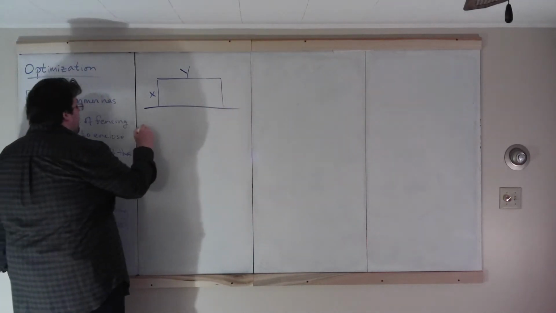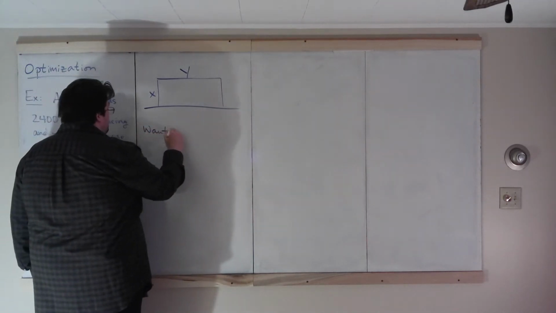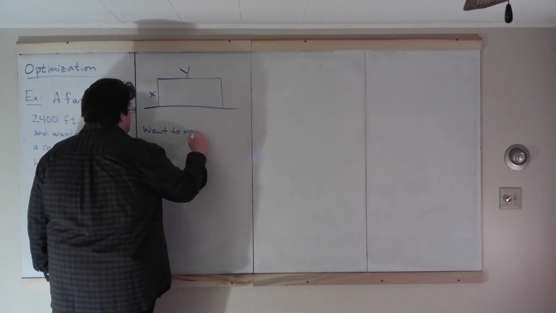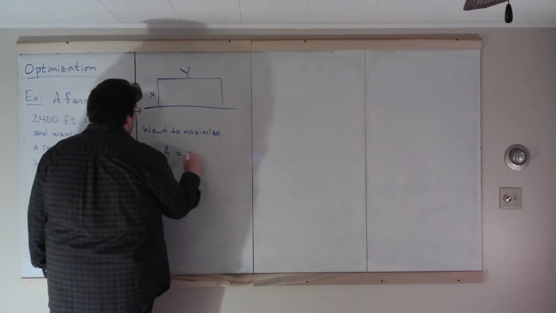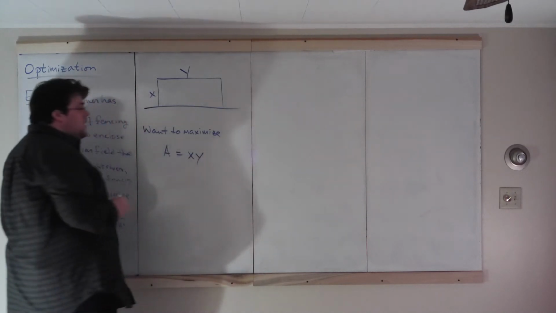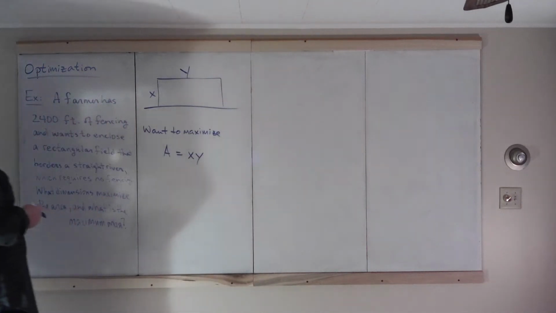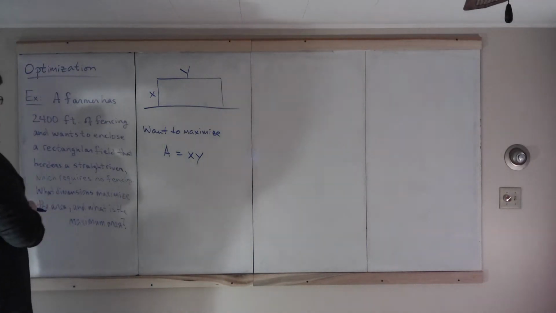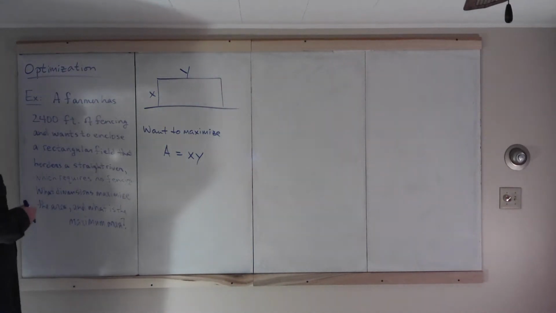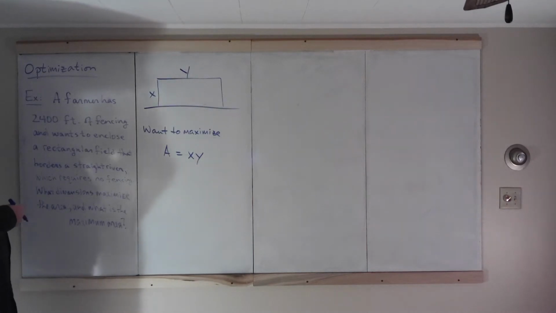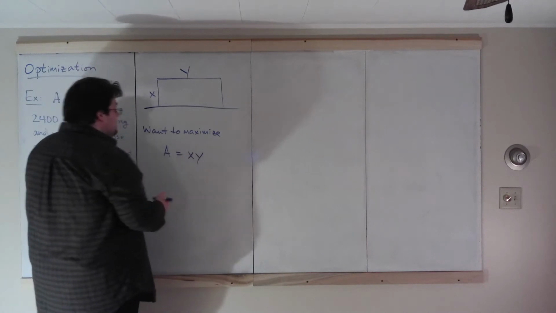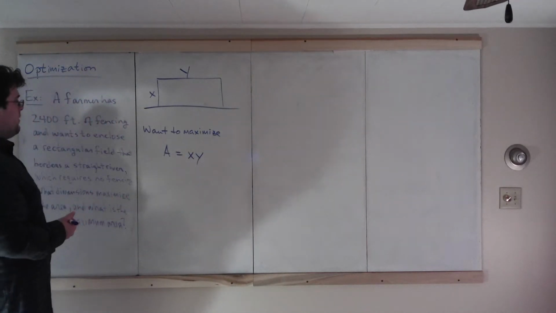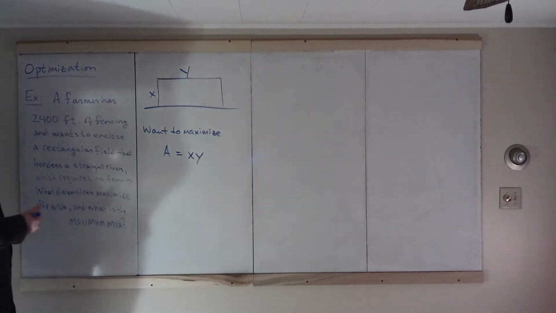So we want to maximize the area of this. Area equals xy. And with calculus, we can maximize things. But notice here, the area function is a function of 2 variables, x and y. We want this to be of 1 variable, because that's all the calculus we know.